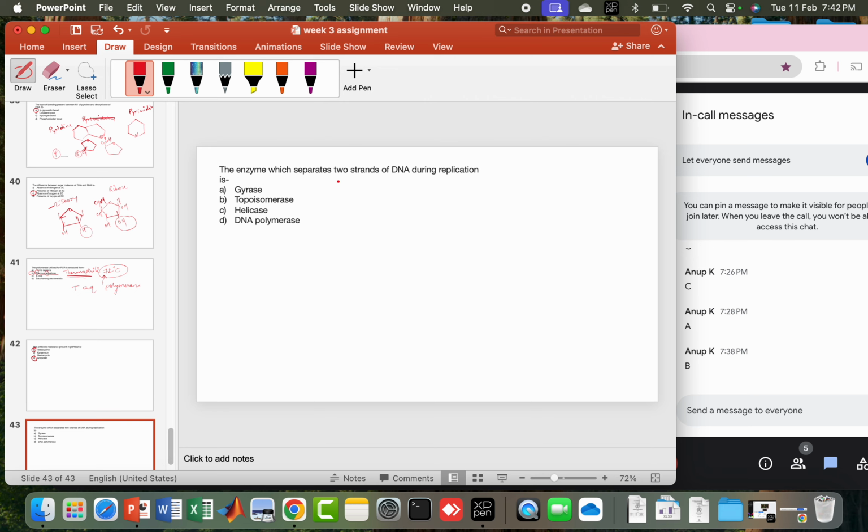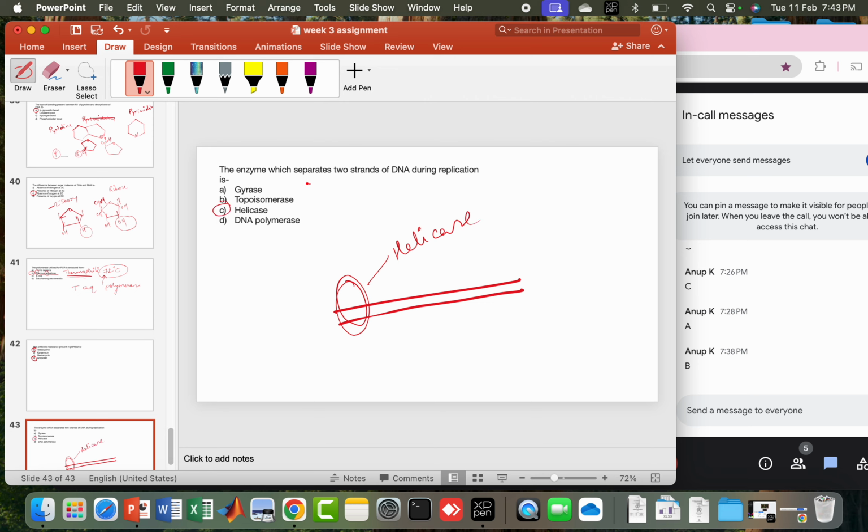The enzyme which separates two strands during DNA replication: gyrase, topoisomerases, helicase, or DNA polymerases. So the two strands are separated using helicase. Very simple.